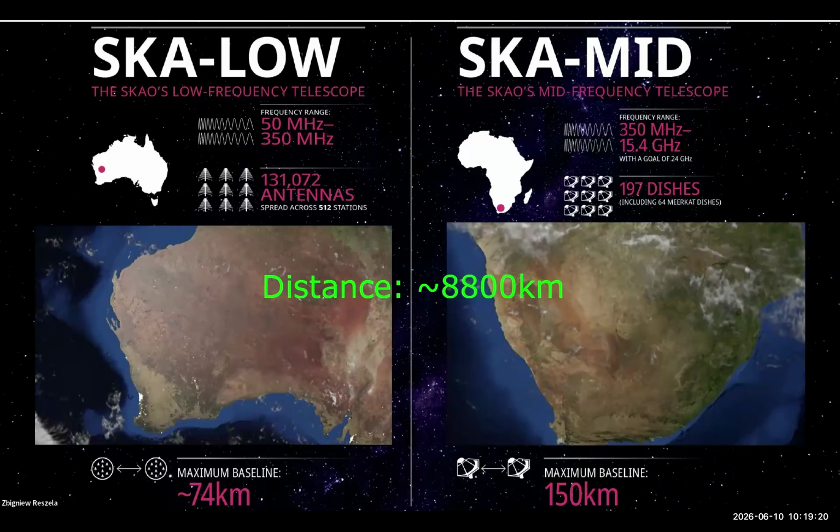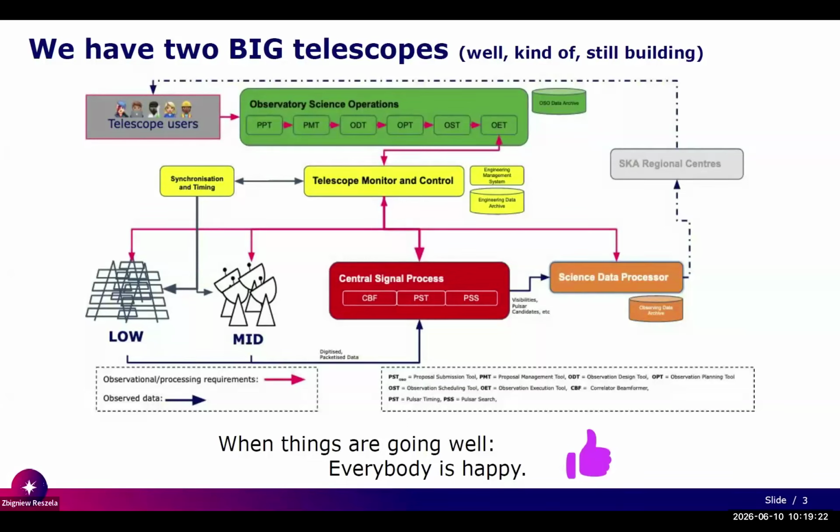Usually things go right and everything is hunky-dory, but with these many moving parts, many working parts, things can and will go wrong. And you all know it. You've been there. You've been called at 3 in the morning and somebody said, make it work again.